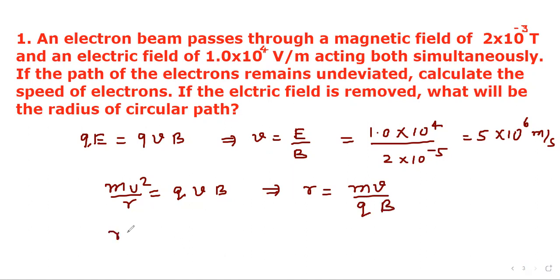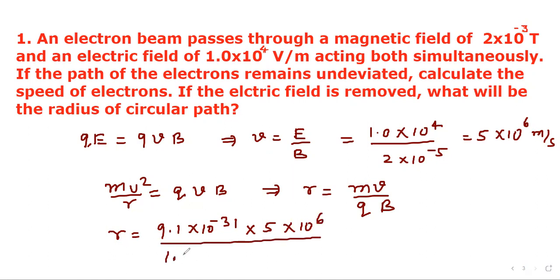We put the values. So R equal to the mass of electron, that is 9.1 into 10 to the power minus 31, into velocity, which we have just obtained, 5 into 10 to the power 6, divided by the charge on electron, 1.6 into 10 to the power minus 19, times the magnetic field, 2 into 10 power minus 3.